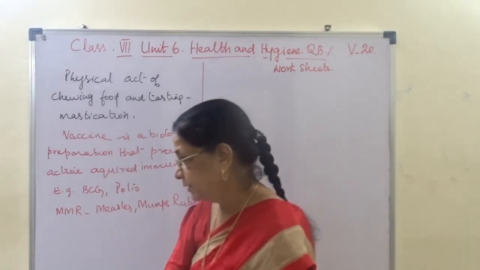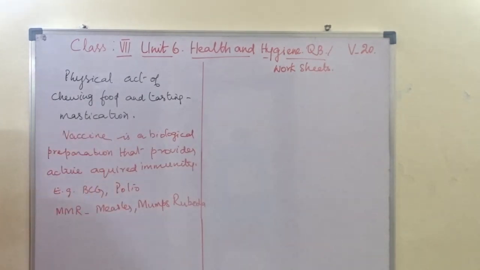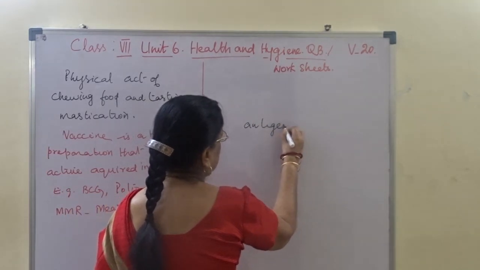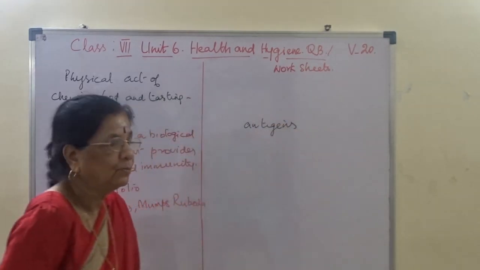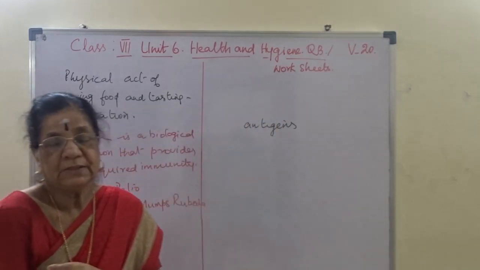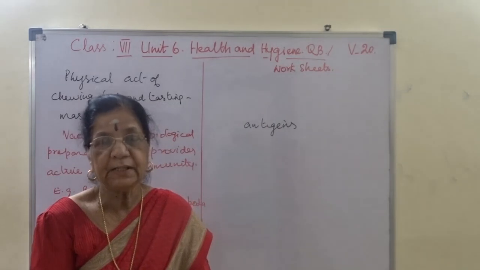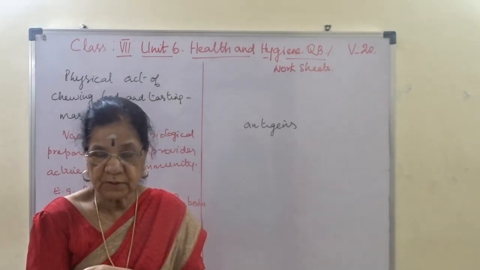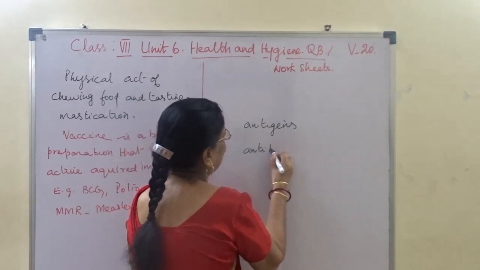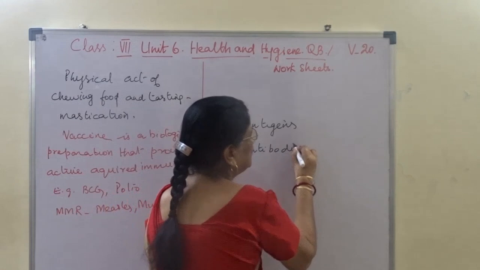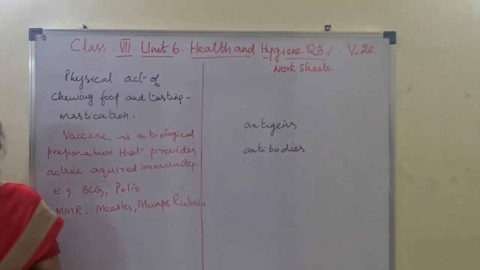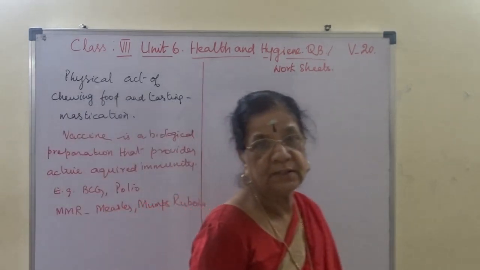Any foreign particles that enter our body are called antigens. Once it enters our body into the blood, our blood will produce a substance called antibodies, and that will kill the foreign particle.